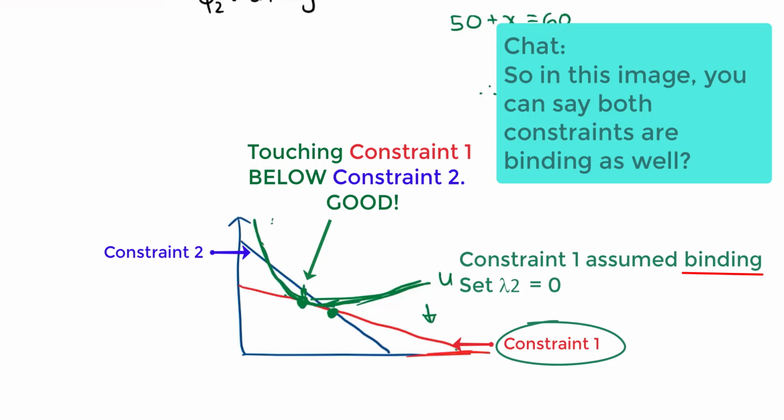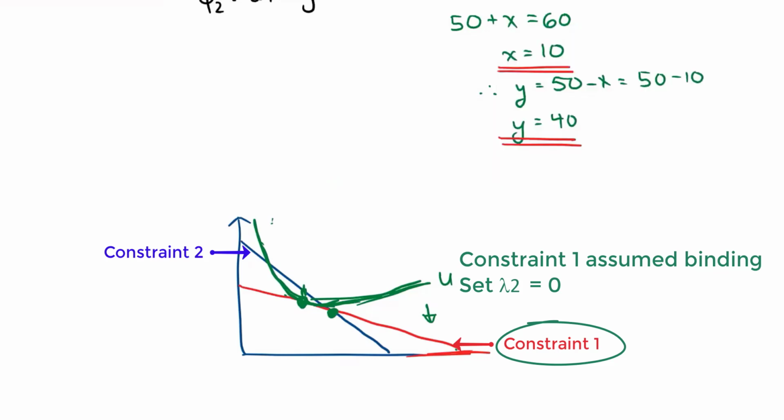But when we refer to binding, it means that the final solution, that optimal value, will be at that place where the constraints are governing, are limiting. So in this image, we can see that we just touched that red line with our utility. So constraint 1 is the one that's binding, and we're below constraint 2. So constraint 2 is naturally met when constraint 1 is binding.